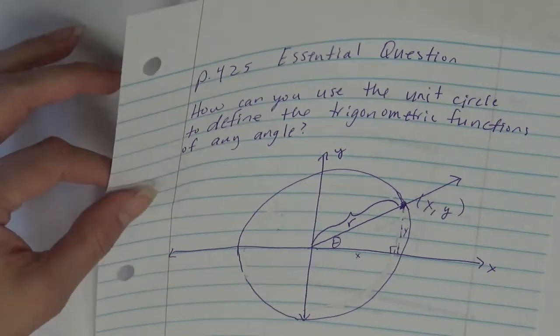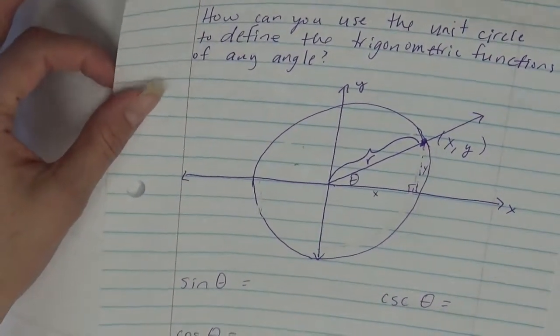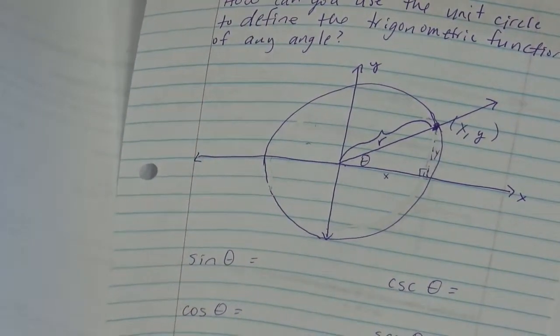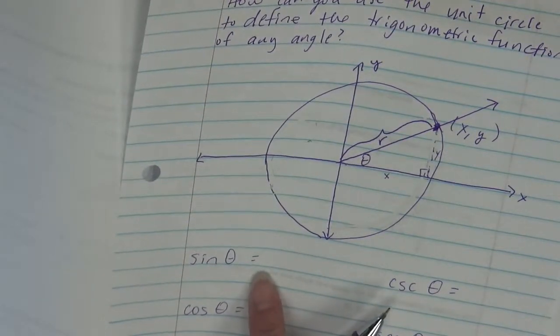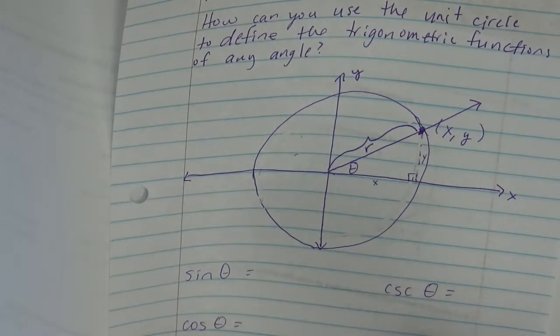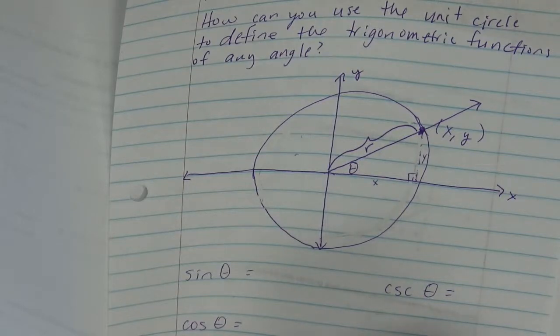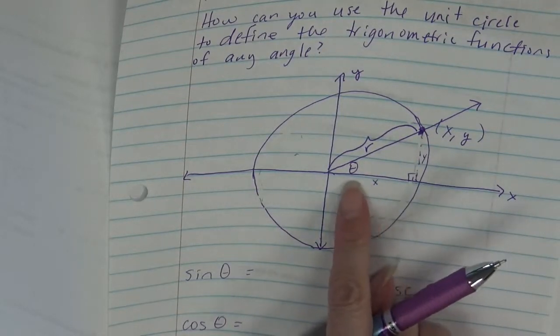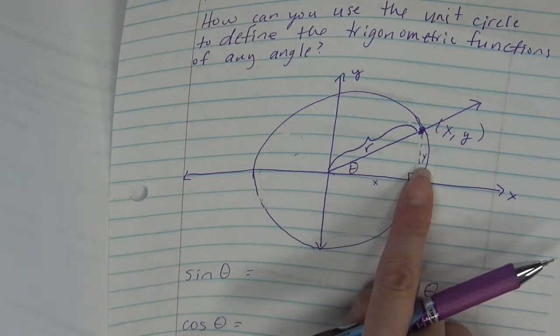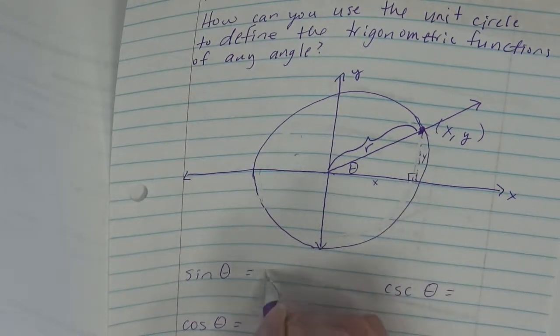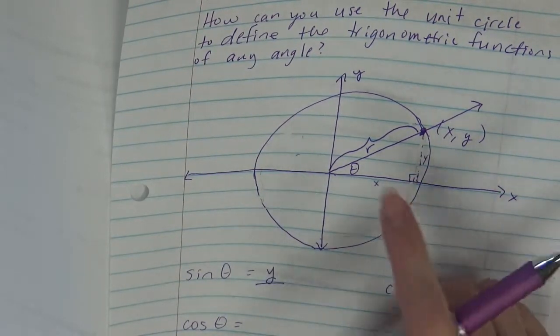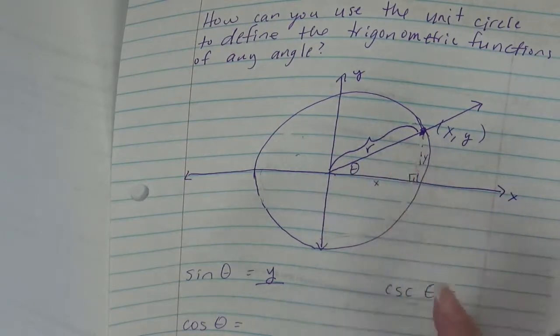With that information, we're going to find all 6 trig functions. To find sine of theta, we're going to use opposite over hypotenuse. Opposite from theta would be y, and the hypotenuse is going to be r.